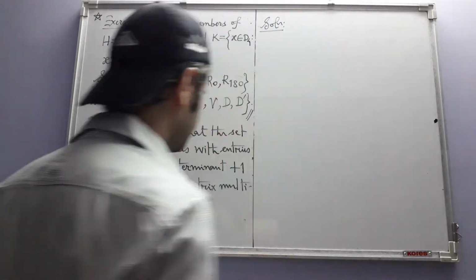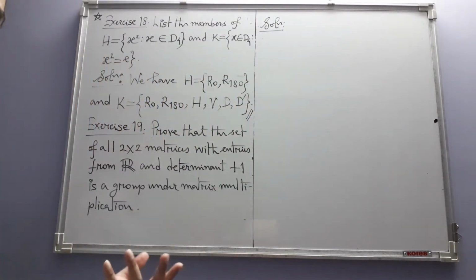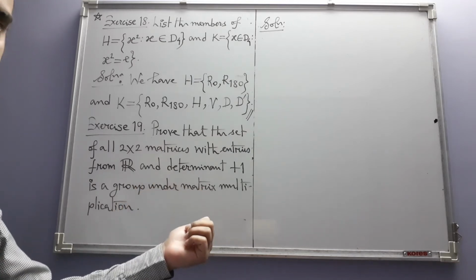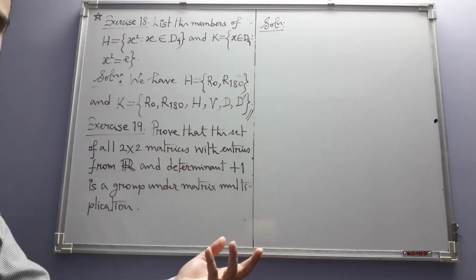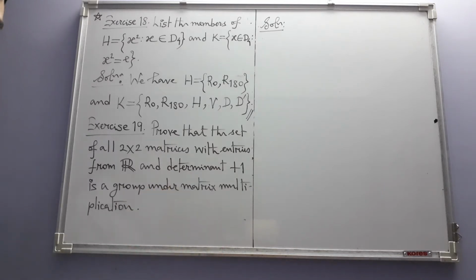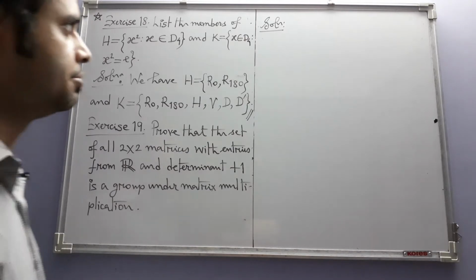First, we have to make sure that if we multiply two real 2x2 matrices, each one having determinant 1, then the result of course will be a real 2x2 matrix that we already know, but it should also have determinant 1 that we have to verify.